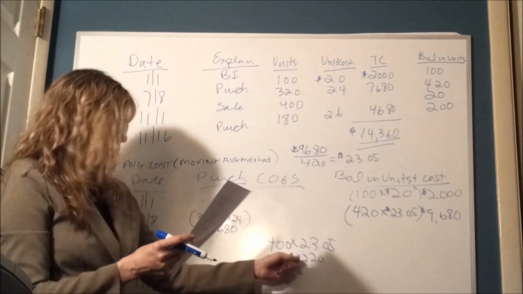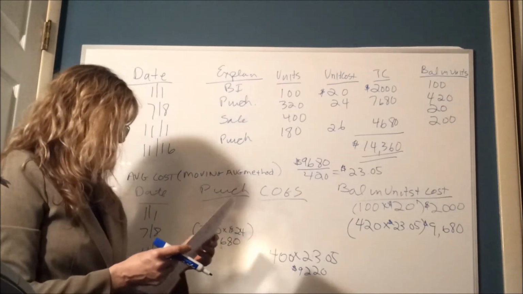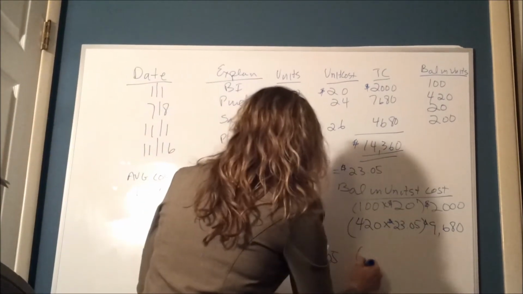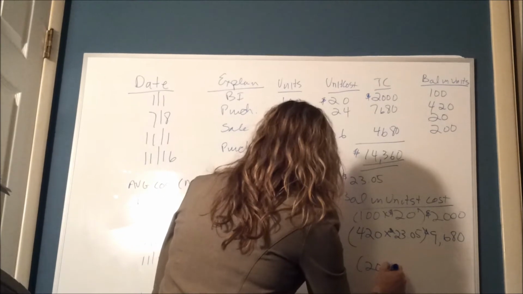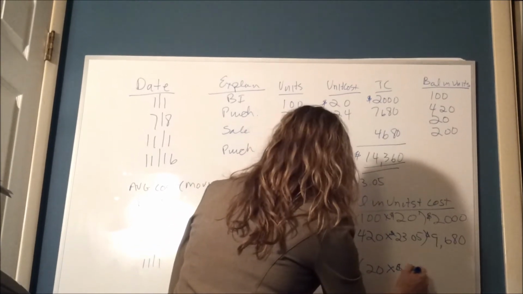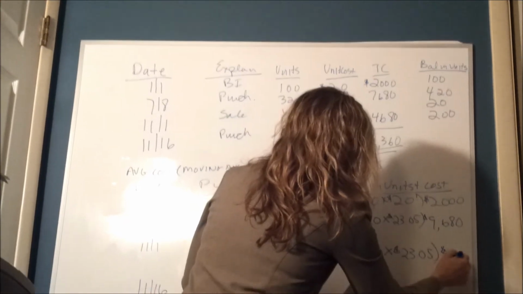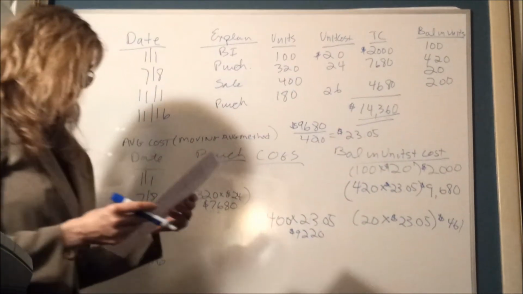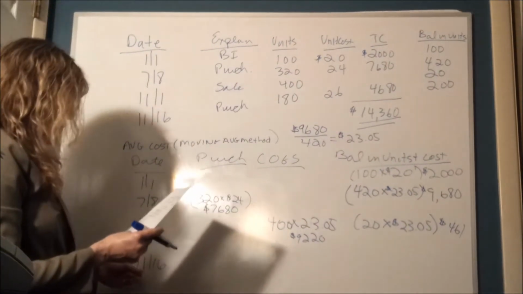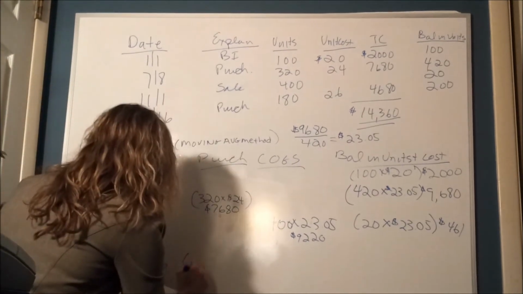That's our cost of goods sold, $9,220. Our remaining units, we have 20 units at a price of $23.05 a unit for a total of $461.